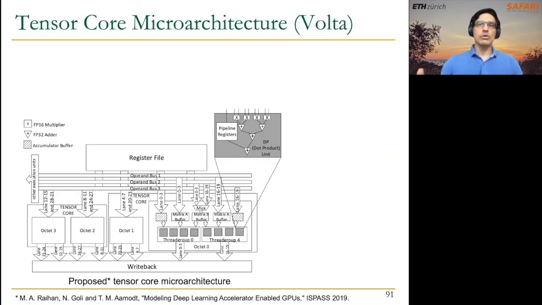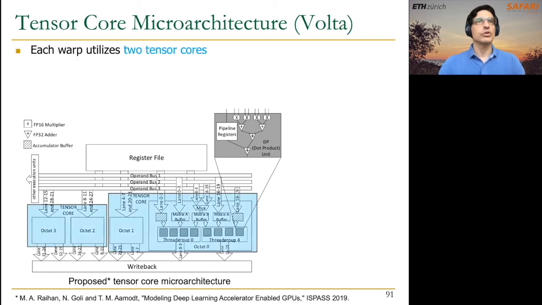We can even take a look at what we have inside the tensor cores. This is a model that has been proposed by a paper from 2 years ago. In reality, we are not 100% sure that this is the way the tensor core is built internally, but the authors of this paper did a lot of microbenchmarking and reverse engineering in order to understand how these tensor cores work and propose a possible microarchitecture for them.